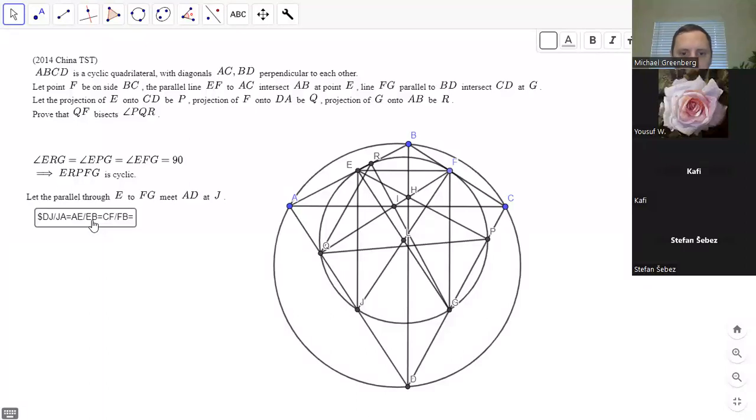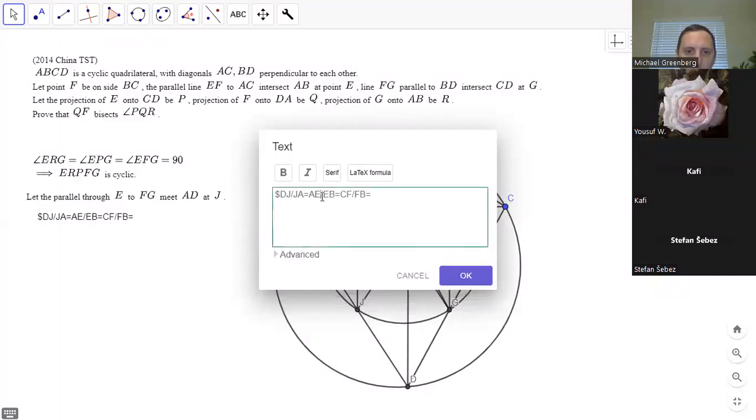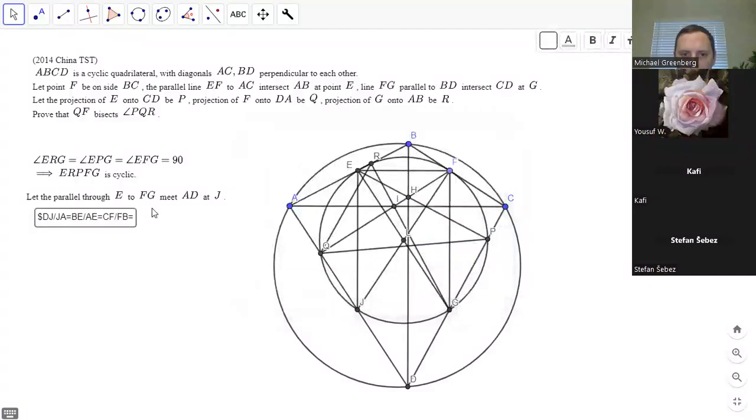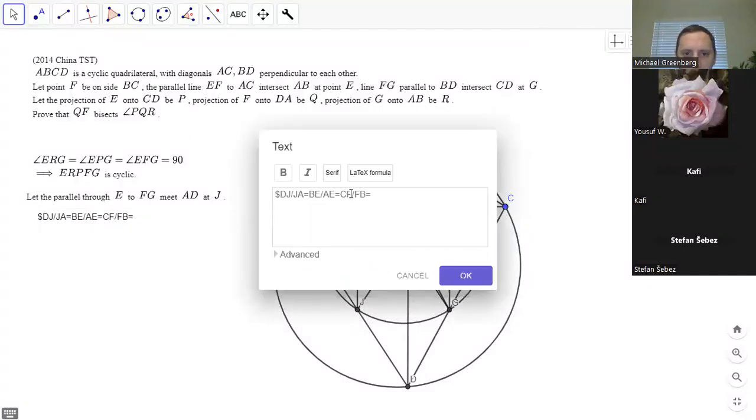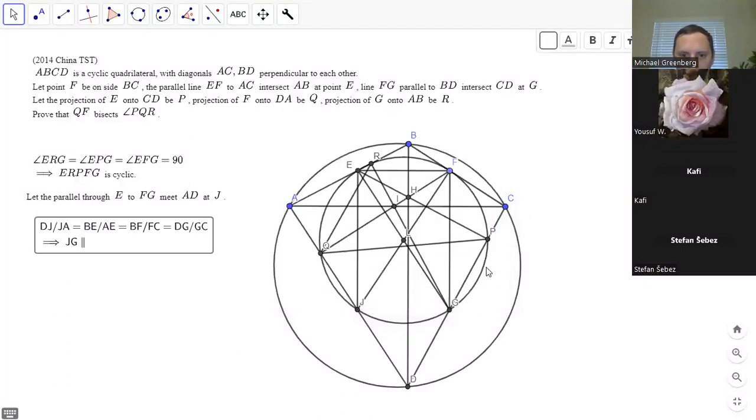Or I think I mixed up something. So DJ over JA, this would be BE over AE, which is BF over FC, which is DG over GC. And that means that JG is parallel to EF.